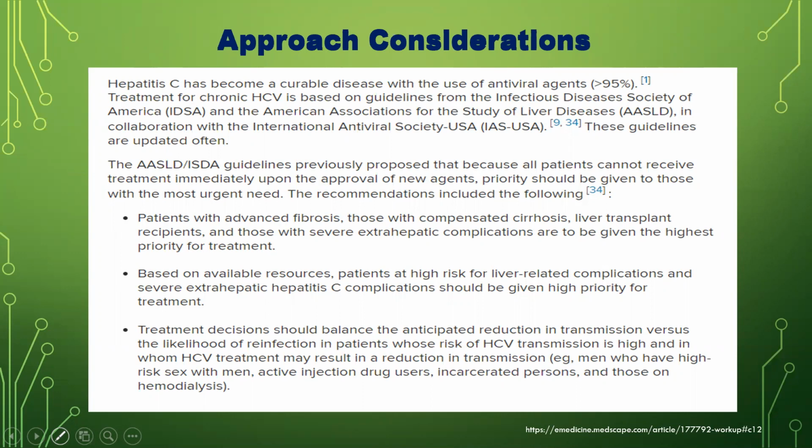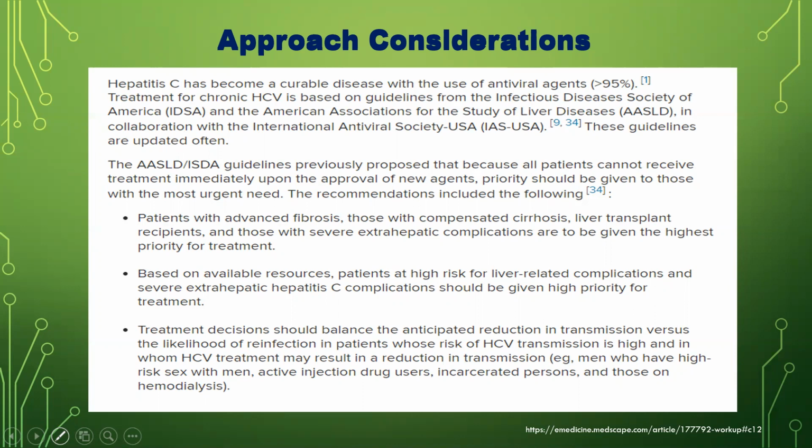The recommendation includes the following: patients with advanced fibrosis, those with compensated cirrhosis, liver transplant recipients, and those with severe extrahepatic complications are to be given the highest priority for treatment. Based on available resources, patients at high risk for liver-related complications and severe extrahepatic hepatitis complications should be given a high priority for treatment.